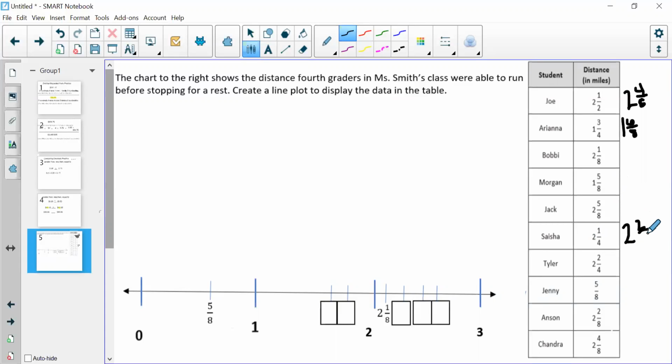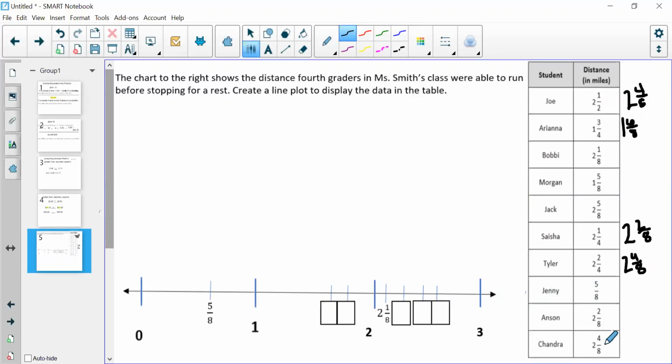So we're making everything into eighths. Tyler ran 2 2/4, which is the same as 2 4/8. Jenny ran just 5/8. Anson ran 2 2/8, and Chandra ran 2 4/8.